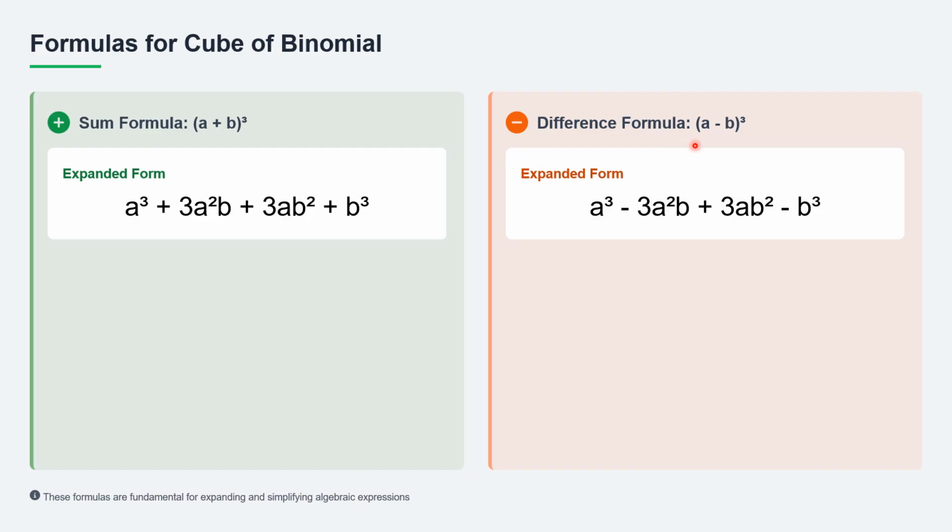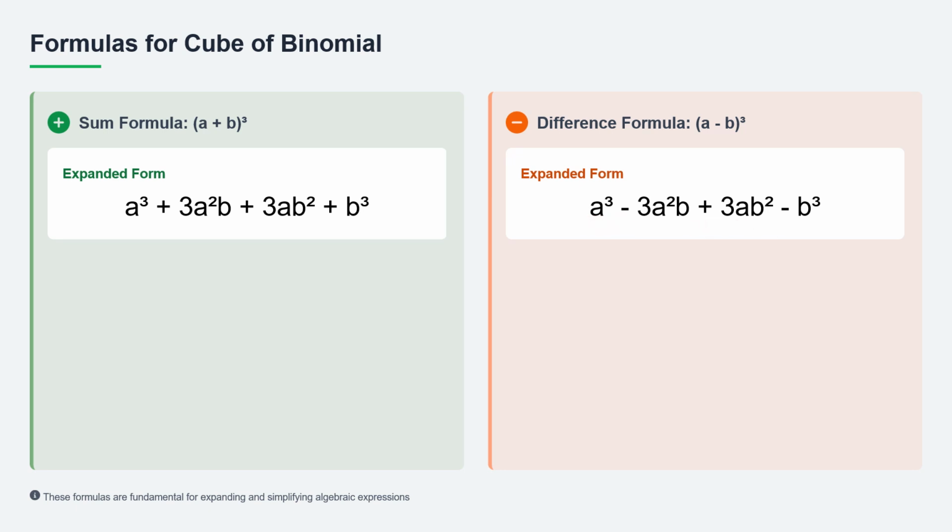When the given binomial is in difference form, a minus b, and it is raised to 3, the expanded form is a cubed minus 3a squared b plus 3ab squared minus b cubed. Observe that in the sum formula, all of the operations will be plus, while in the difference formula, in the expanded form, the operation is in alternate form, positive and then negative.